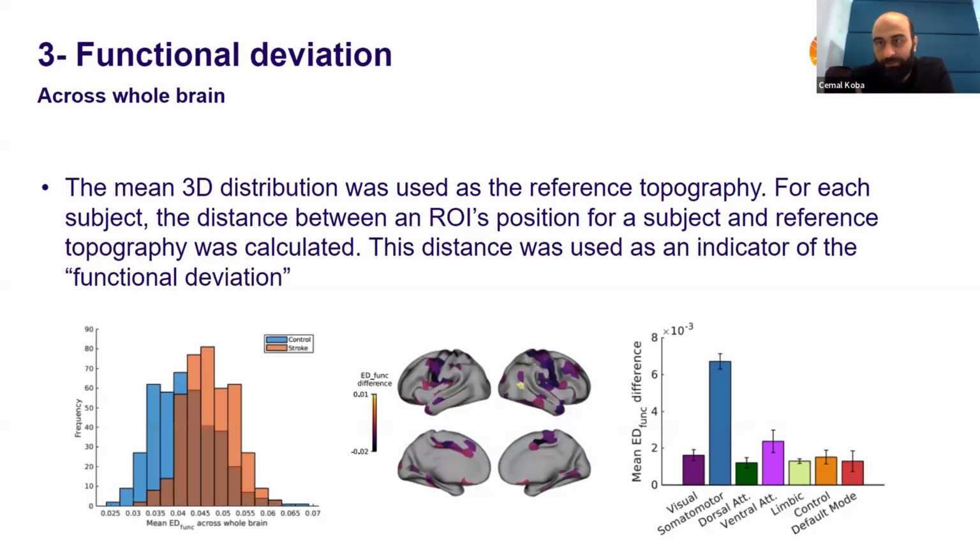And when we check the region-wise distribution of these differences, we found functional deviation for stroke subjects is mostly distributed along the somatomotor area and on the right hemisphere.